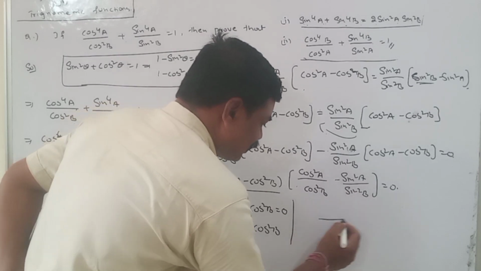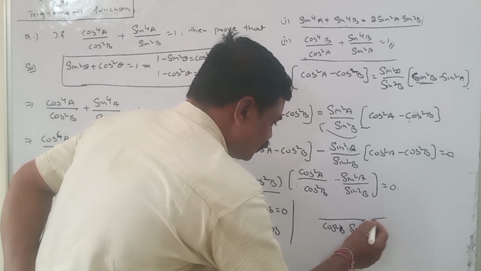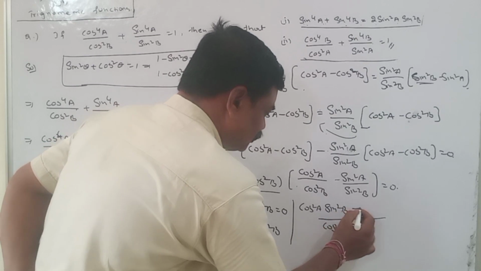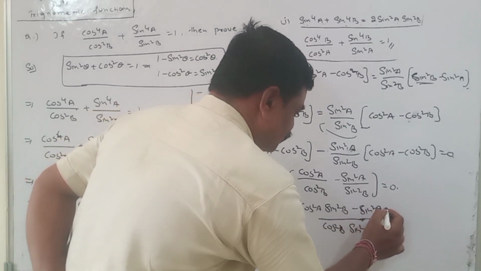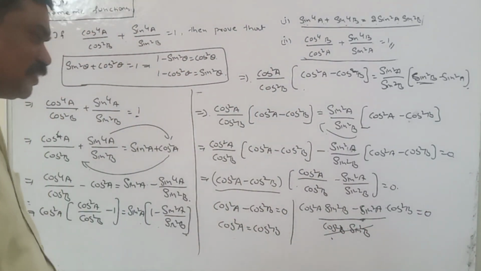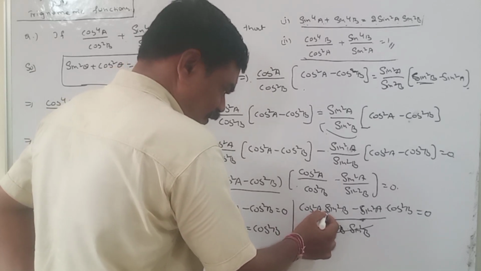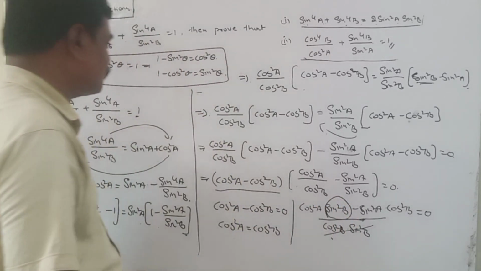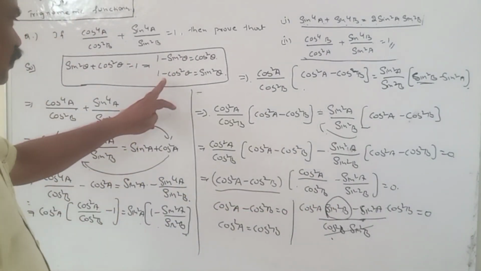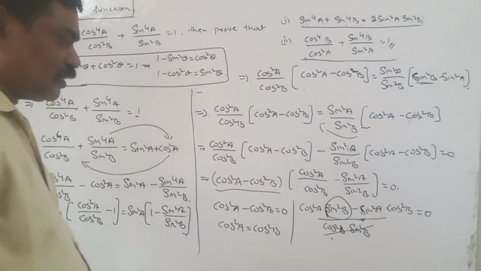By LCM, take cos²B sin²B as the LCM. This is cos²A sin²B − sin²A cos²B = 0. Here write cos²B as 1 − sin²B, sin²B as 1 − cos²B, and sin²A as 1 − cos²A.